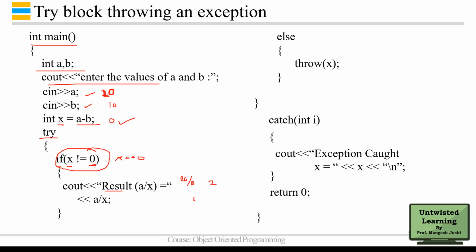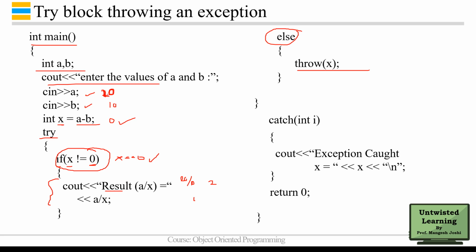So the condition given in the else statement will be satisfied. If x is not equal to 0, then this statement will be executed. If x is equal to 0, then the else statement will be executed. So if both the values are 10, 10, x will be 0, and hence this throw statement will be thrown.